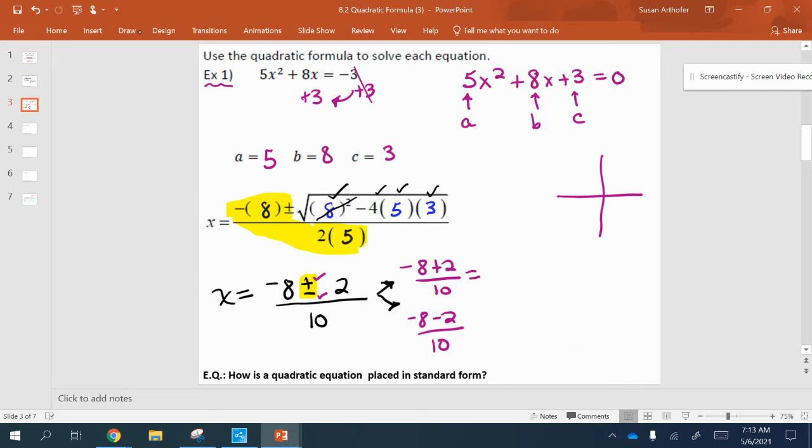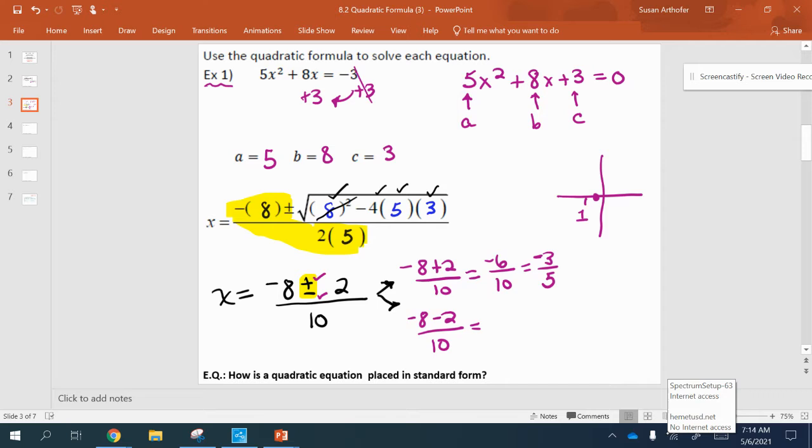So negative 8 plus 2 is negative 6 over 10, which reduces. That's a fraction. You can divide out 2's. So it'd be negative 3 over 5. So our first x-intercept is not even at 1, is it? It's negative 3/5. Okay, so that's our first x-intercept of the graph.